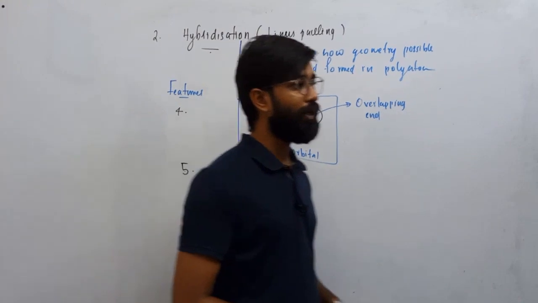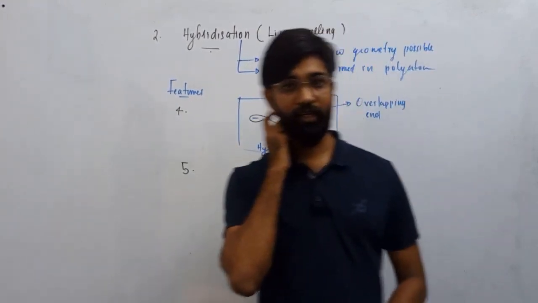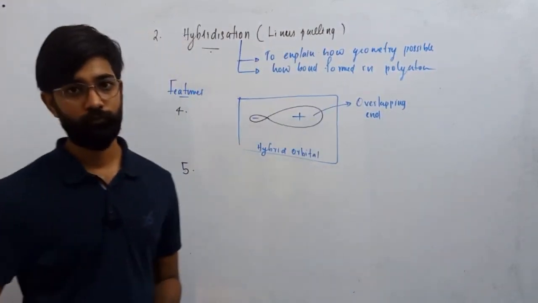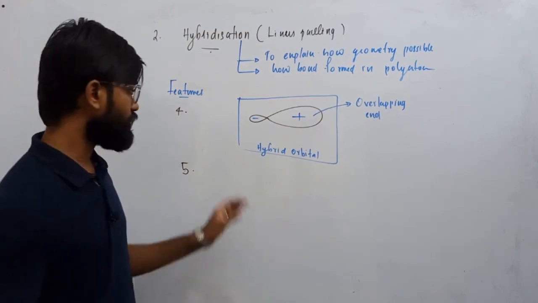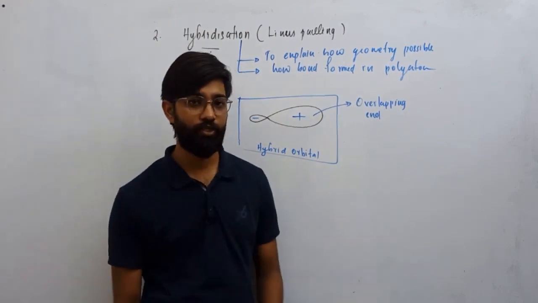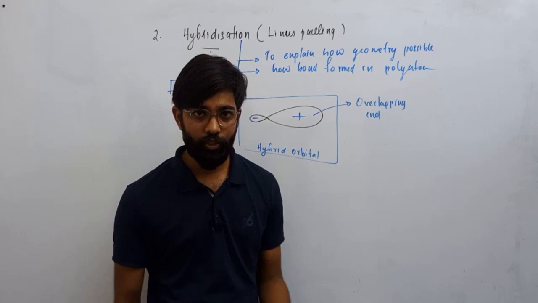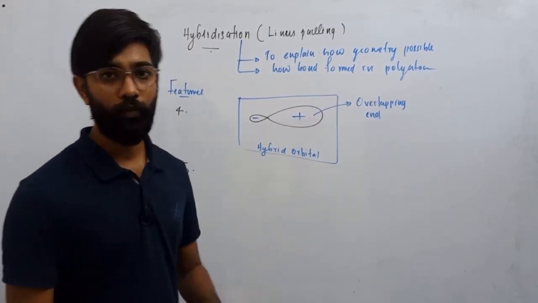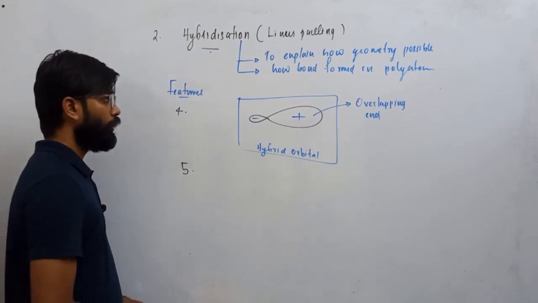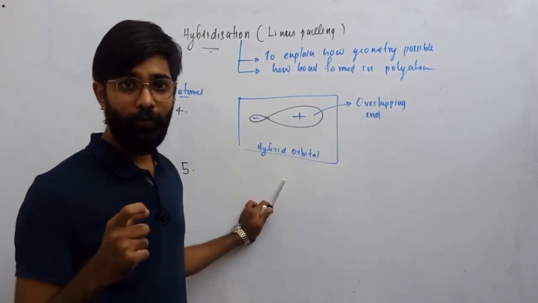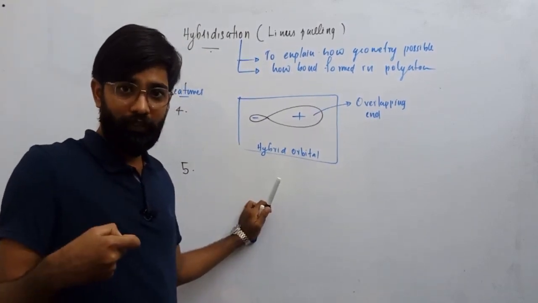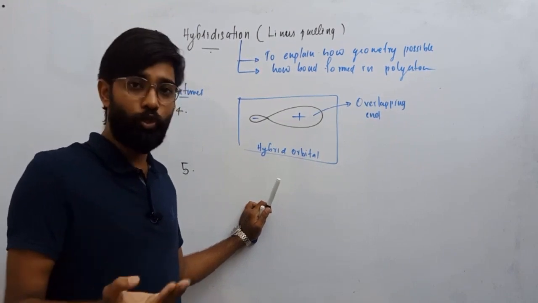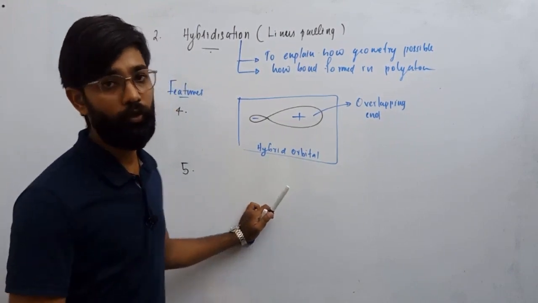Since the overlapping end has greater size and greater extent of overlapping, the bond is stronger. So a bond formed by the overlapping of hybrid orbitals will be stronger than the overlapping between atomic orbitals.